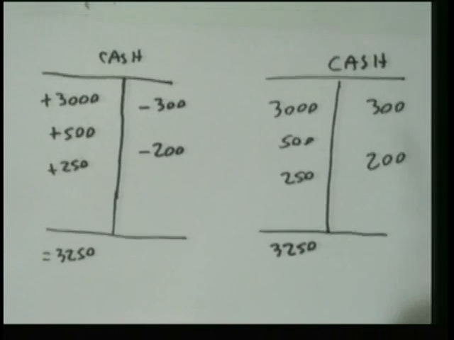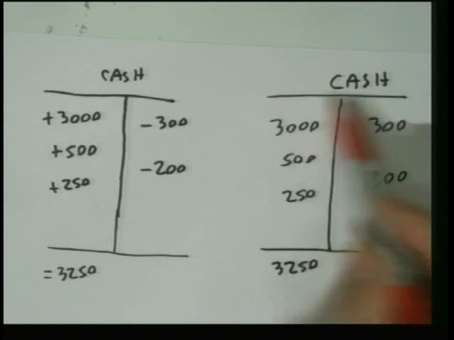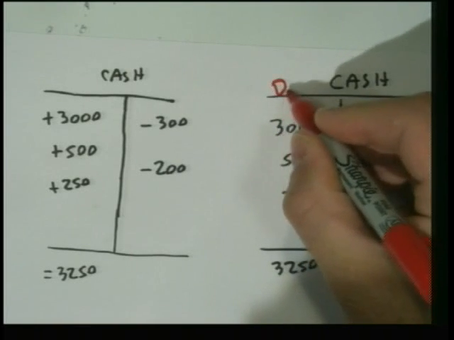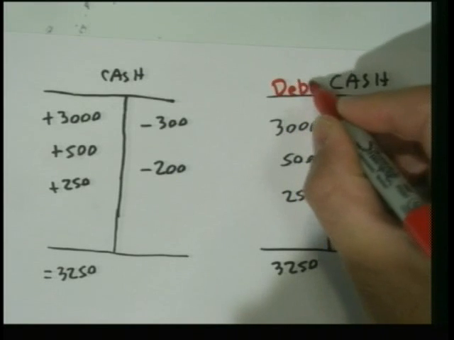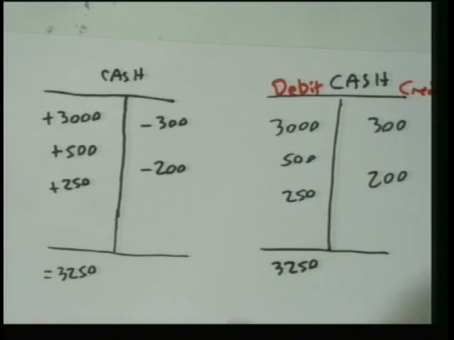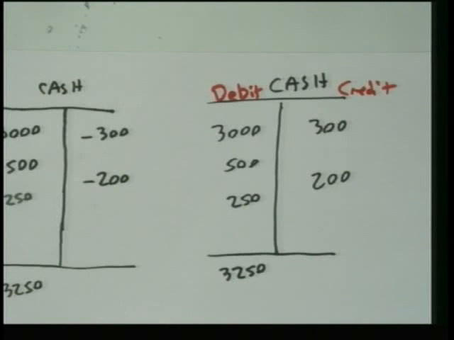The left side of a T account is called the debit side. And the right side of a T account is called the credit side. Are you with me? The left side of a T account is called the debit side, and the right side is called the credit side.